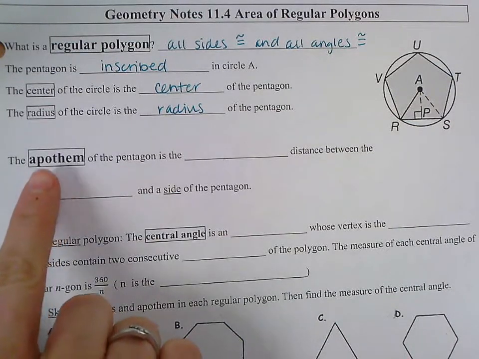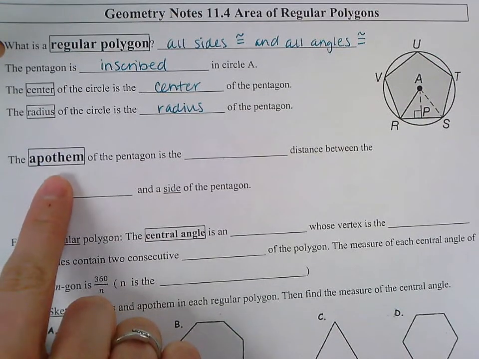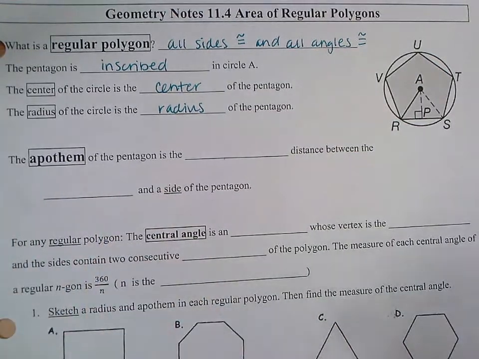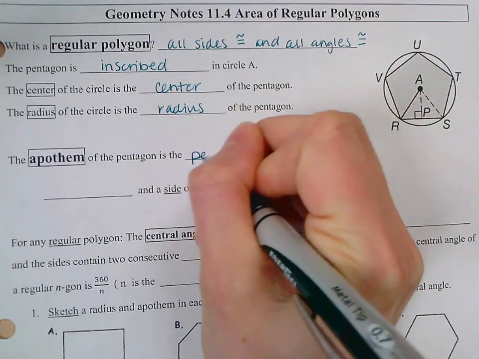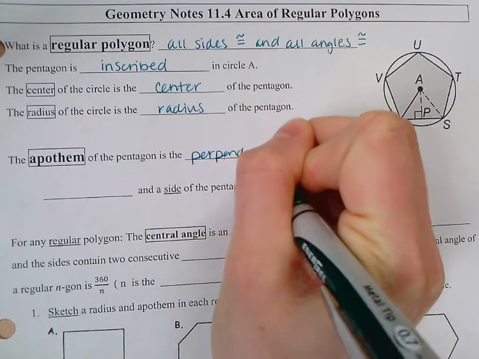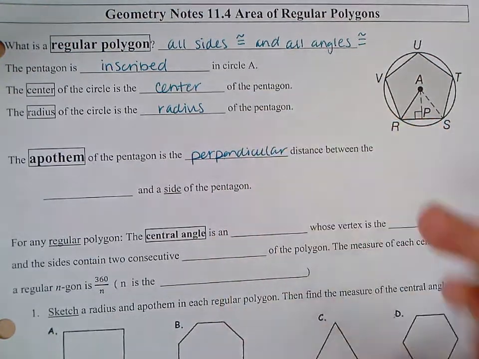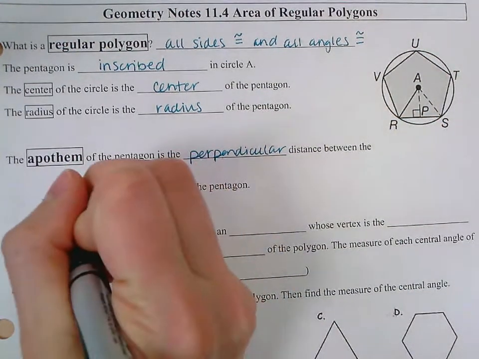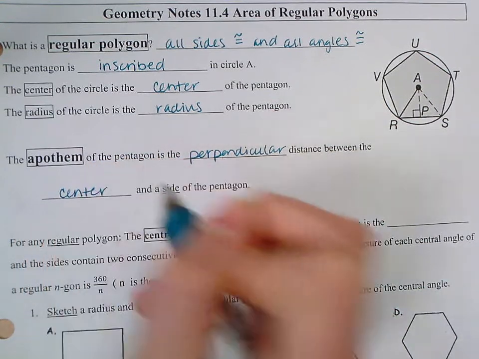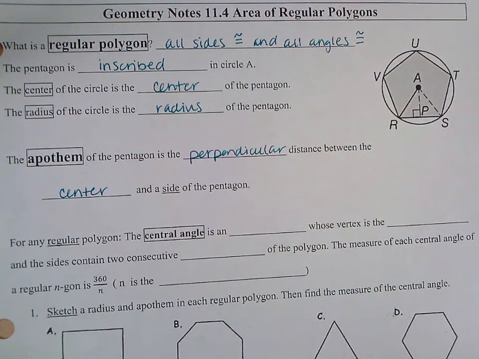Then a new term called the apothem. The apothem of the pentagon is the perpendicular distance between the center and a side of the pentagon.